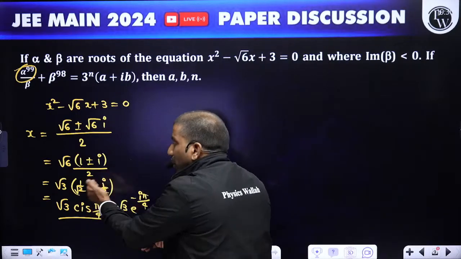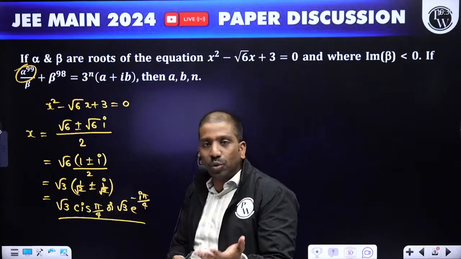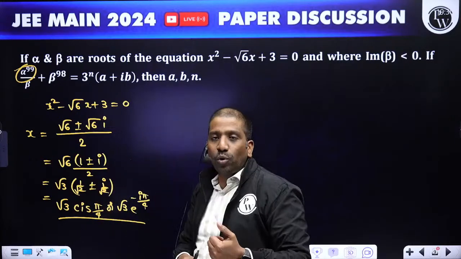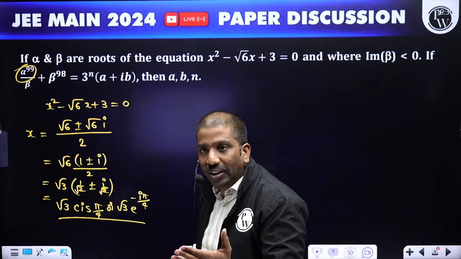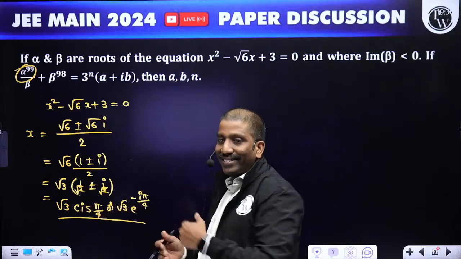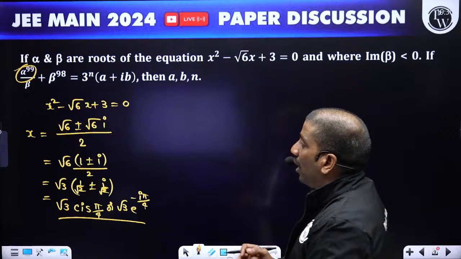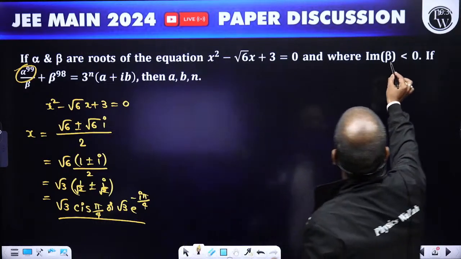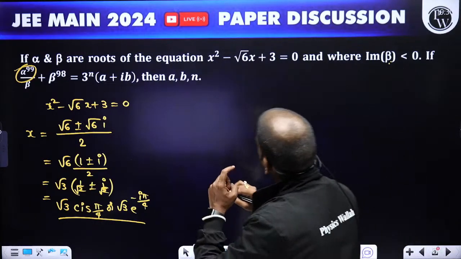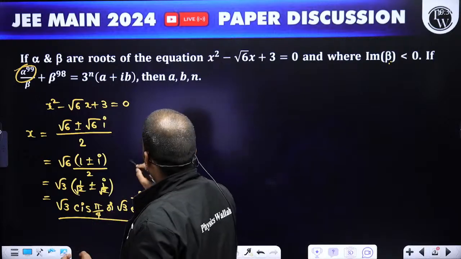Cis pi by 4, my dear students. How cis pi by 4? This is cos 45 degrees, 1 by root 2, sin 45 degrees, 1 by root 2. So cos 45 degrees plus i sin 45 degrees. That's the reason we write cis pi by 4. Imaginary part of beta is less than 0, so that's what they have written.